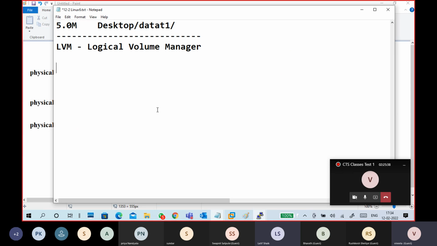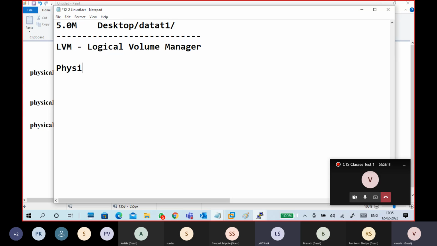The first requirement is a minimum of more than one empty hard disk. If you are unable to add one, also no problem. For practicing, you can use your volumes also. For the ninth batch I gave the second type of practical, and LVM I also did, but here I took 3.